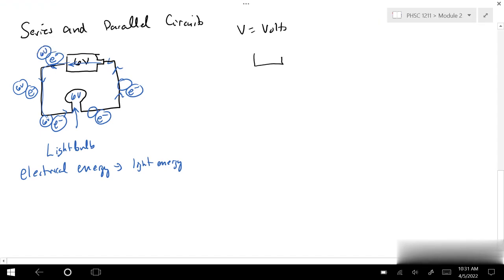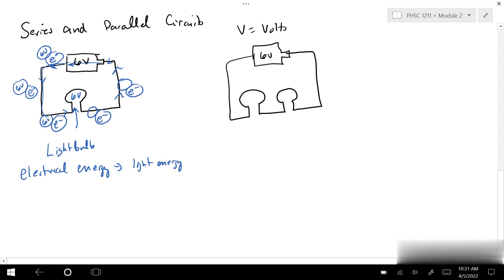Now let's look at the same circuit with a small twist. We have a 6-volt battery, and now instead of one light bulb, we have 2 light bulbs, and we have the same electrons coming out. Their backpack is filled with 6 volts coming out of the battery. So when it gets here, it has 6 volts in its backpack, but it knows there are 2 light bulbs in this circuit.